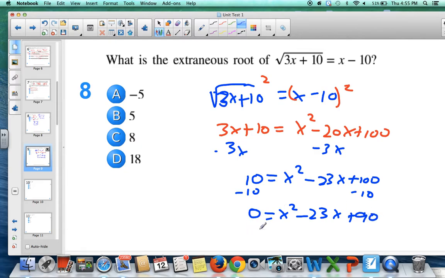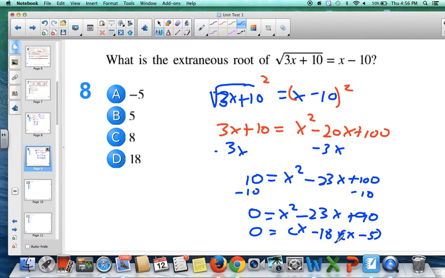And now I want to see if I can factor this, and I certainly can. X and x, numbers that multiply to 90 and add to 23. 9 times 10 adds to 19, not quite going to cut it. But 18 times 5 works, so I'm going to put 18 and 5. And they're both the same sign, both minuses.